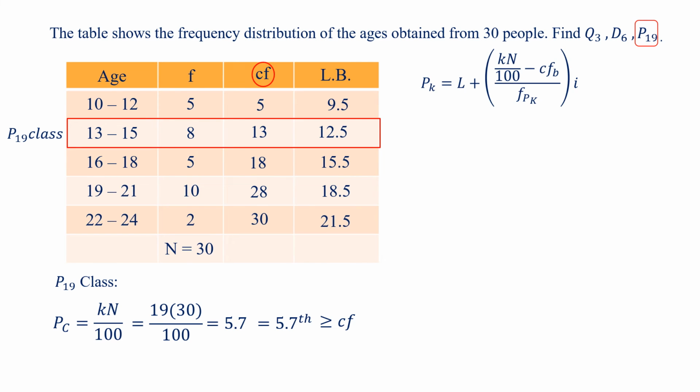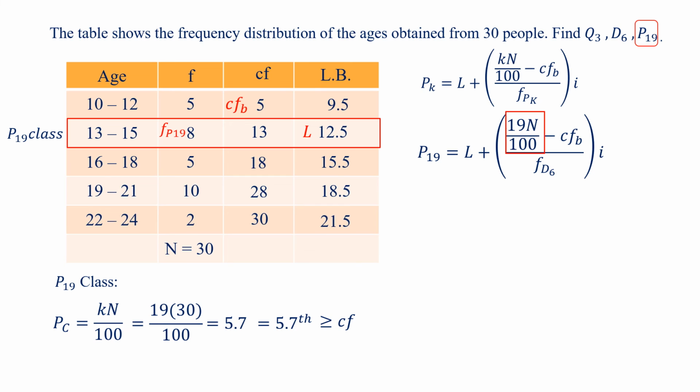From your P19 class, we are going to determine the lower boundary, which is the L, which is equal to 12.5, your CFB, which is equal to 5, and your frequency of your P19 class, which is equal to 8. Then 19n over 100 is equal to 5.7.